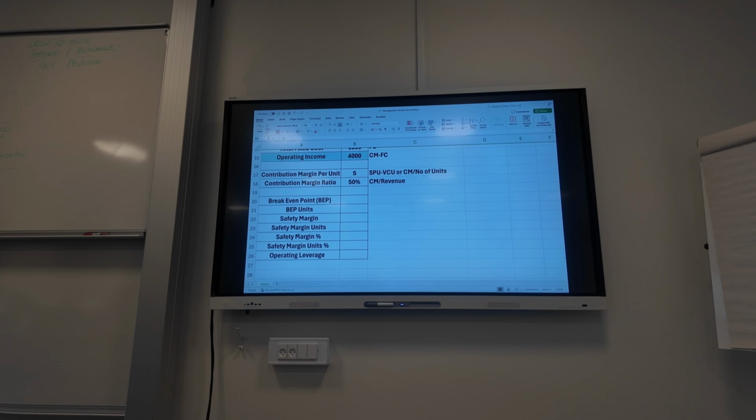So how else could we say that? Selling price equal to cost. Well, we can also say contribution margin equals fixed cost. Look at your models, right? You can say contribution equals fixed cost equals zero profit, right?